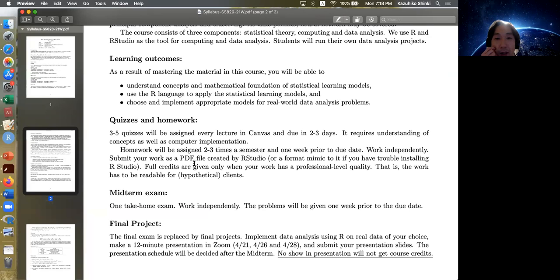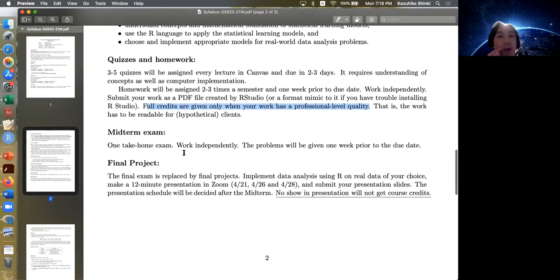Full credit is given only when your work has professional level quality. If you have some code, but it's not readable and has no outputs, no figures, then you may not get full credit. If you are hired as a statistician, even as a part-time job, at least the results should be readable for a general audience. So that is the concept.